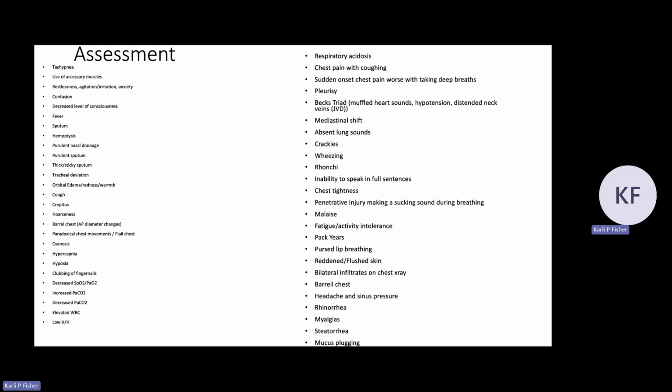Rhonchi is more like a low pitch, so instead of crackling, it's more of like a rattling or snoring sound. And it can also be caused by like fluid or mucus obstructions, pneumonia, bronchitis, things like that. Sometimes that rhonchi will go away when you can cough up that mucus.